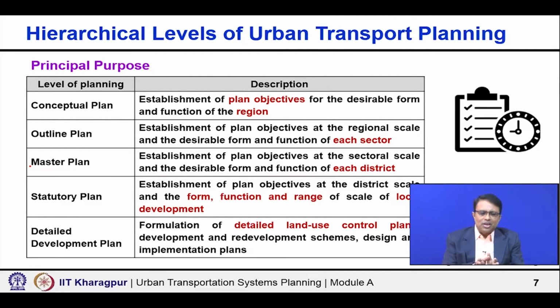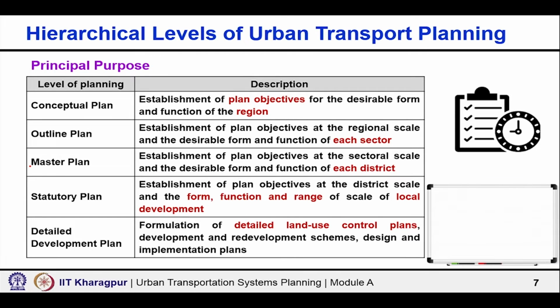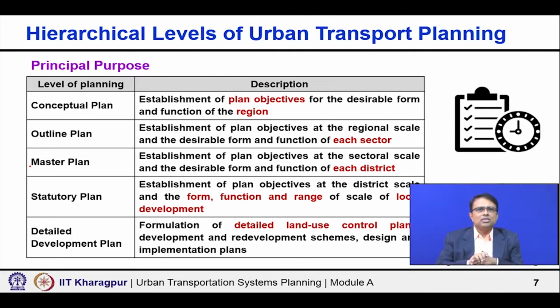So, that means while conceptual plan we restricted ourselves to the establishment of plan objectives of the desirable form and function of the region, when we go to outline plan we are focusing on plan objectives at the regional scale and the desirable form and function of each sector.